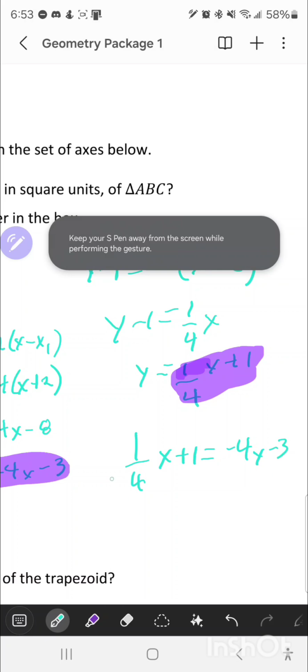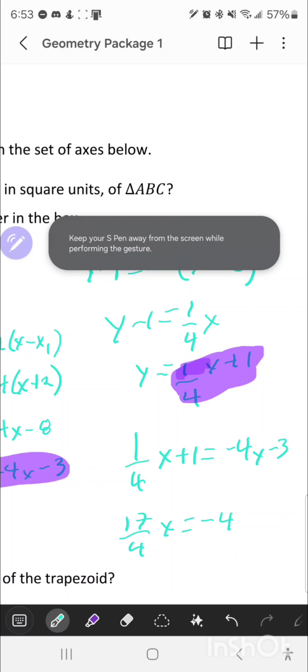So I'm going to add 4x to both sides. When I add 4 to this side, it's going to be 17 over 4x equals. Now I'm going to subtract 1 from each side, so minus 4. Minus 3 minus 1 is minus 4. We keep the sign, we add them.